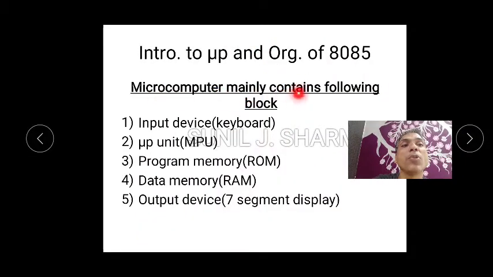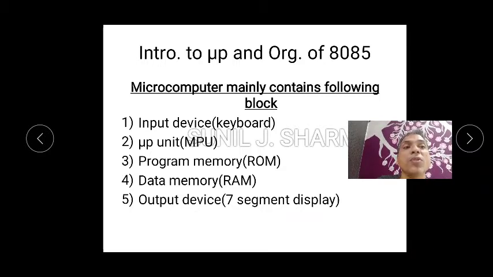Can you see, microcomputer mainly consists of the following blocks: input device, which is your keyboard, microprocessor unit, that is your MPU, then program memory, data memory, and output device. I hope you understand the output device is not a monitor here, it is a 7 segment display, because in the olden days we were not having monitors, we were having this device.